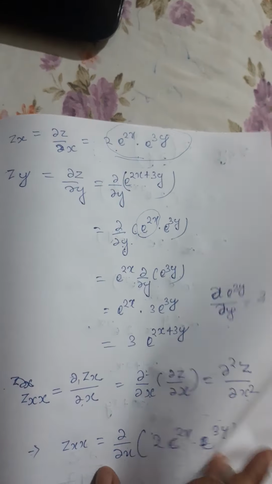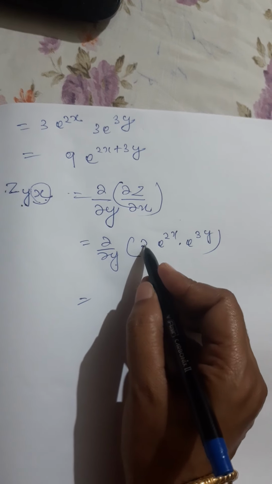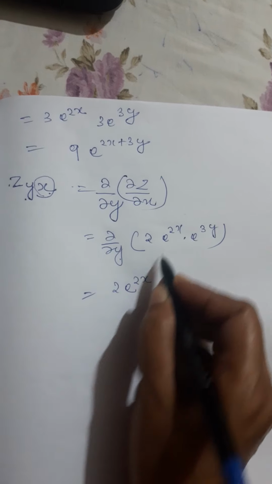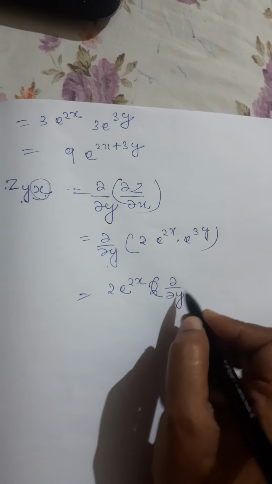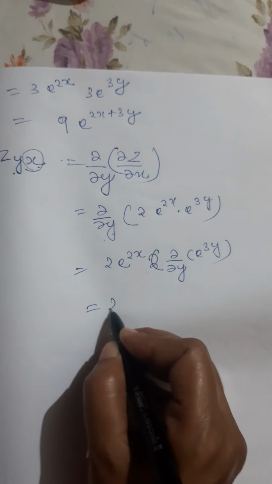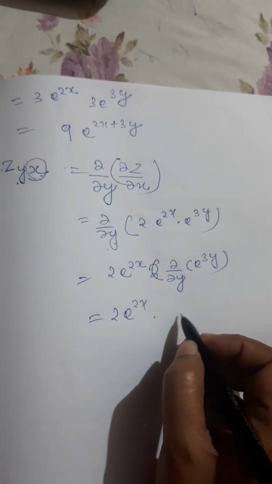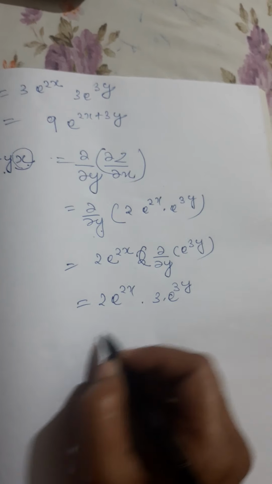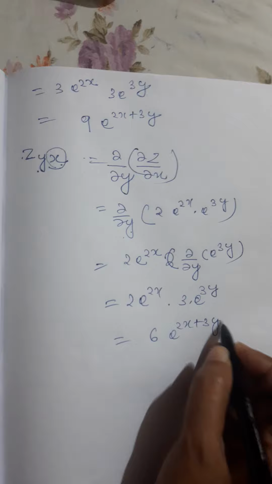Okay, so with respect to y means your 2 and e to the power 2x term is constant with respect to y. So just take them out of the derivative. We have only to differentiate e to the power 3y, and derivative of e to the power 3y is e to the power 3y into 3. Okay, so finally we have 6 e to the power 2x plus 3y.